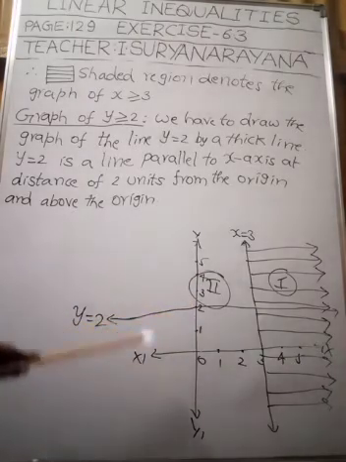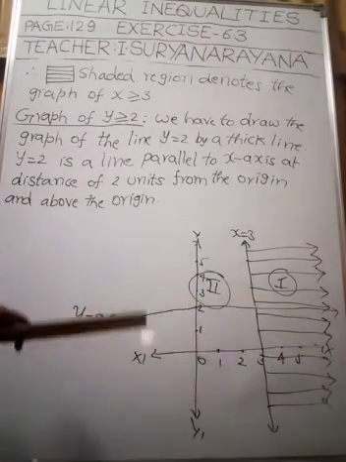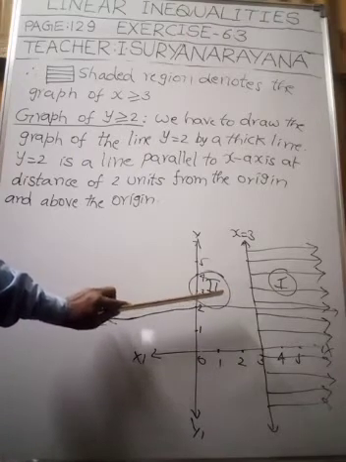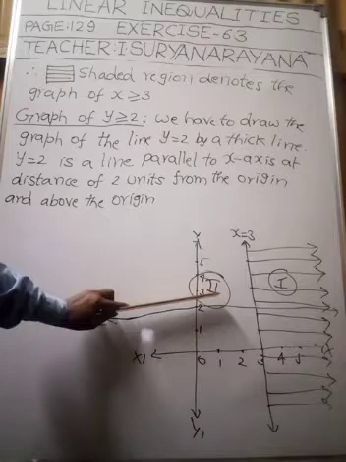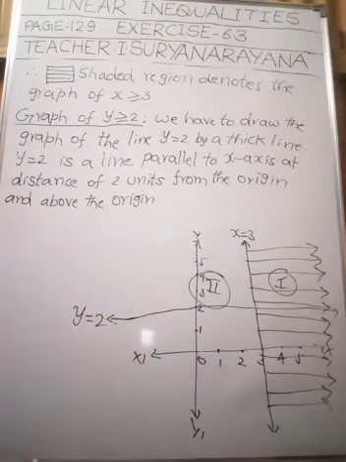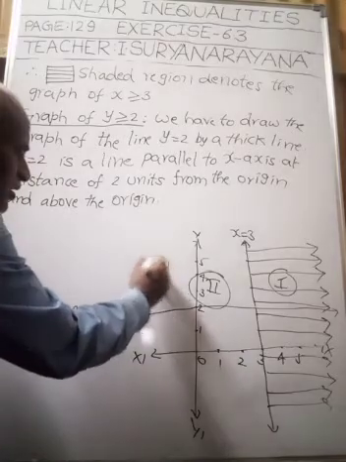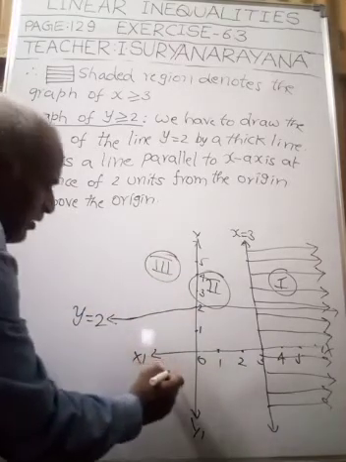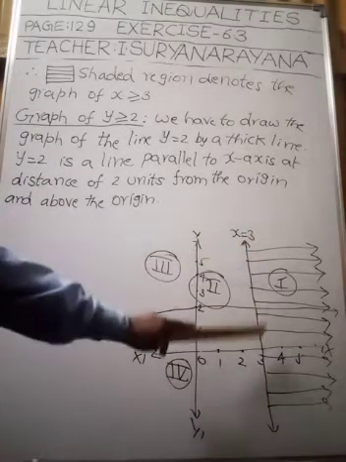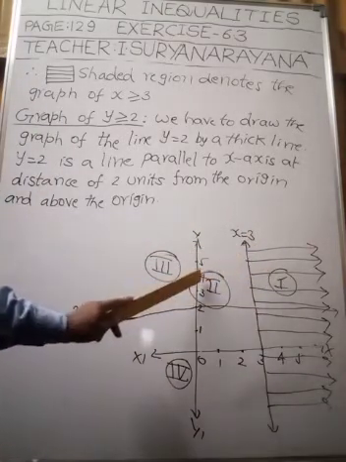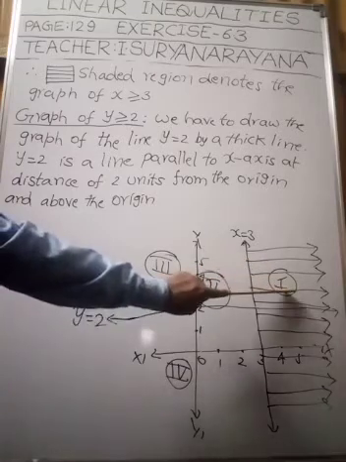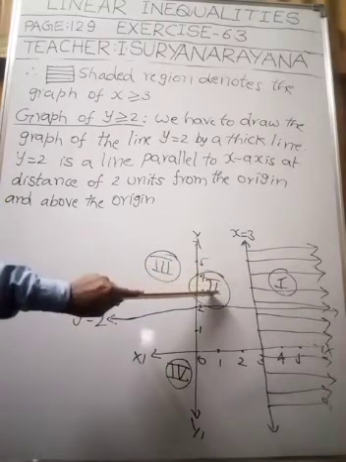Right. Now if you observe, this line is dividing this Cartesian plane into 2 half planes. What are the 2 half planes? The half plane above and the half plane below. Let us assume that this is the third half plane, this is the fourth half plane. Previously, the line divided the Cartesian plane into 2 half planes: the right side is one half plane, the left side is another half plane.